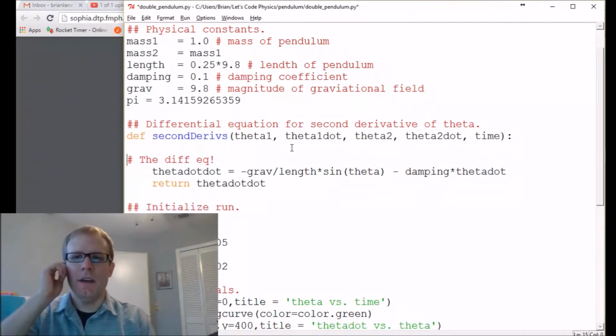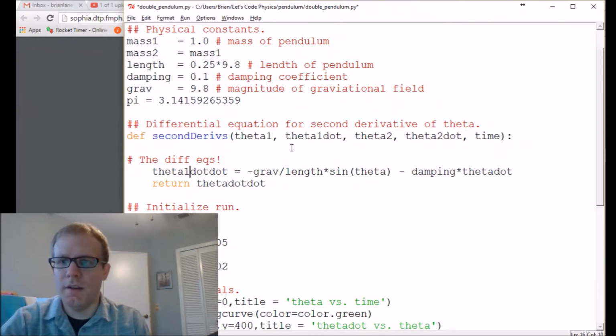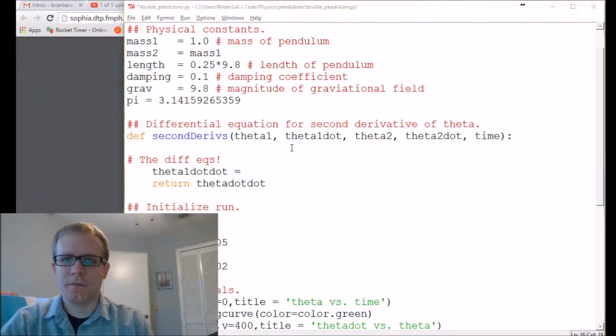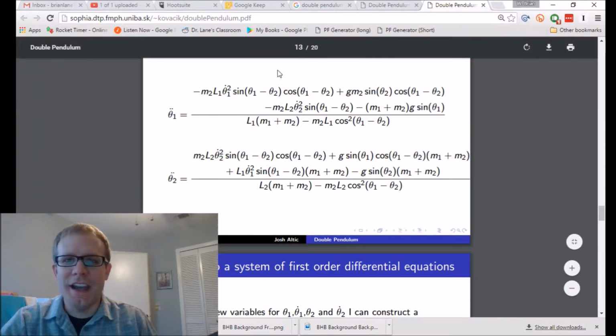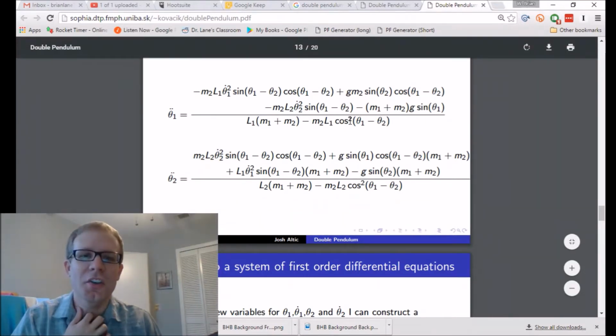Awesome. Okay. Let's see, this is now the differential equations. So we're going to call theta 1 double dot, and now I need to take this thing and plug it in here. Now, there are some things that occur over and over again.